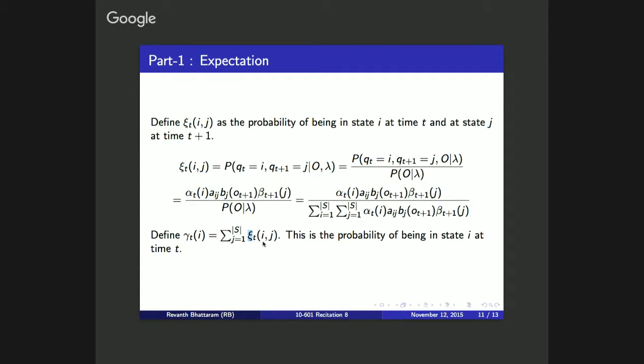So if I sum it up over all j, that's going to include all instances where at time step t, I'm at I, which is why we're summing up over all j. That's going to give me gamma t of I, which is the probability of being in state I at time t.